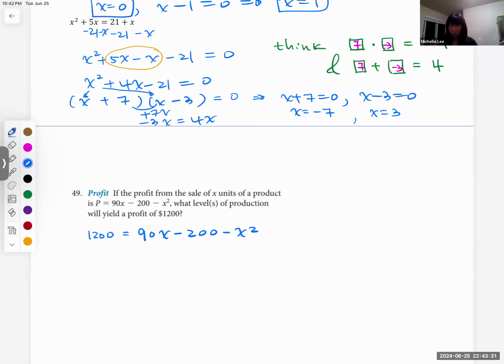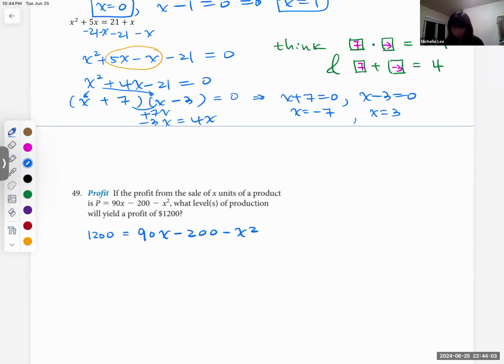Okay, let's make everything one side. So there will be negative 1200 on both sides. There will be 0 equals, how about this? I want to move x squared to the other side instead so that we don't have a negative for the x squared. So let's switch.